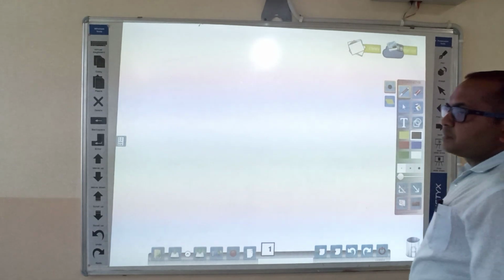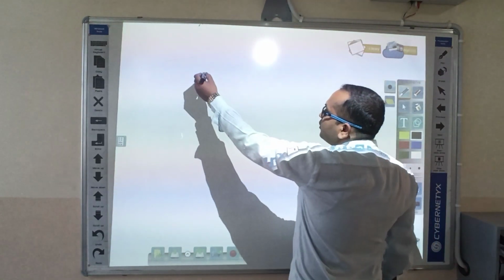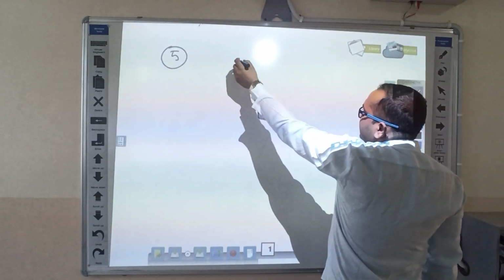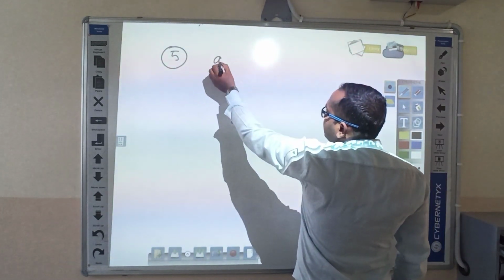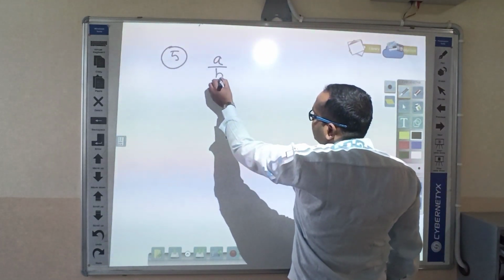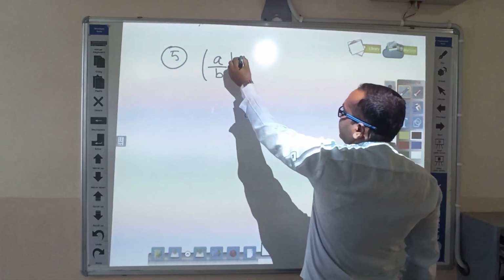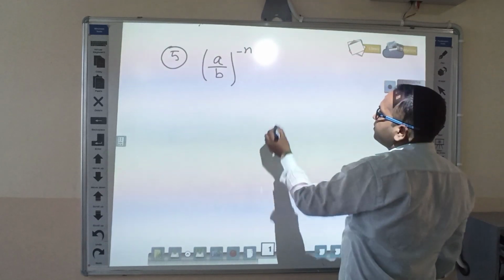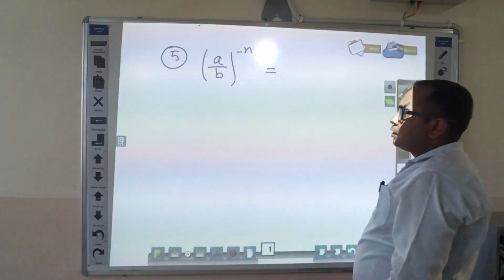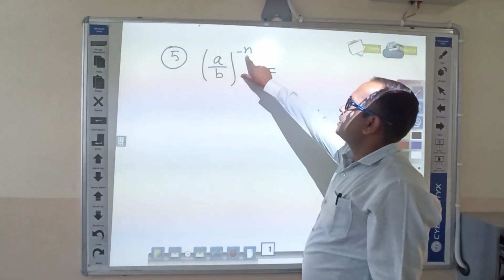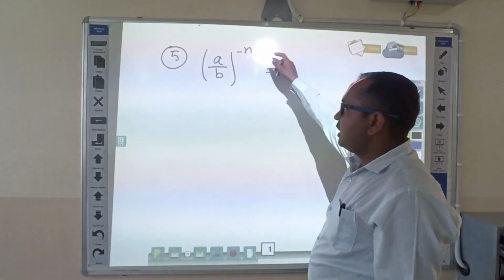when the exponent is negative. Suppose (a/b)^(-n) is given, a real number whose exponent is minus n. So how do we convert this negative exponent into a positive one?